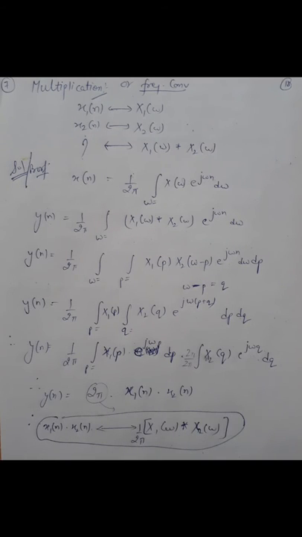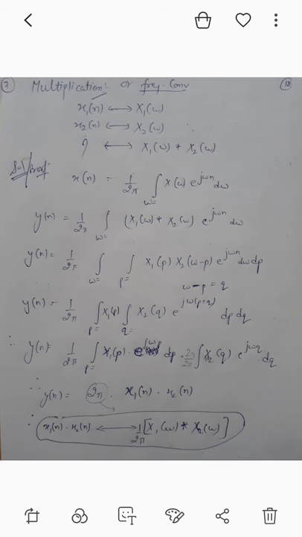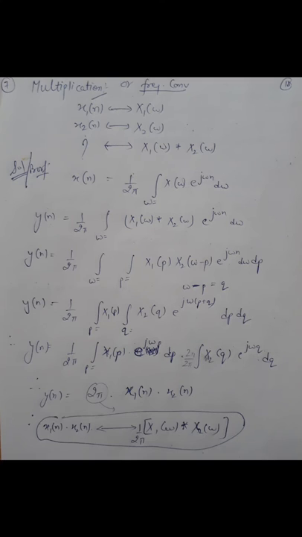Next is multiplication, or you can say frequency convolution. Convolution in frequency domain, X1 of omega convolved with X2 of omega. Now we will use the inverse DTFT formula. x of n is equal to 1 by 2 pi, integral of X of omega e raised to power j omega n d omega. Here, in place of X of omega, put X1 of omega convolved with X2 of omega. Open the convolution formula as an integration of X1 of p, X2 of omega minus p, where e raised to power j omega n d omega, and put omega minus p as a third variable q, so omega equals p plus q.